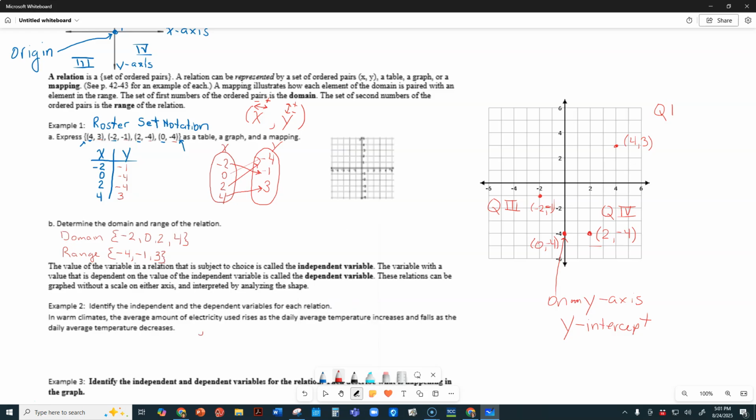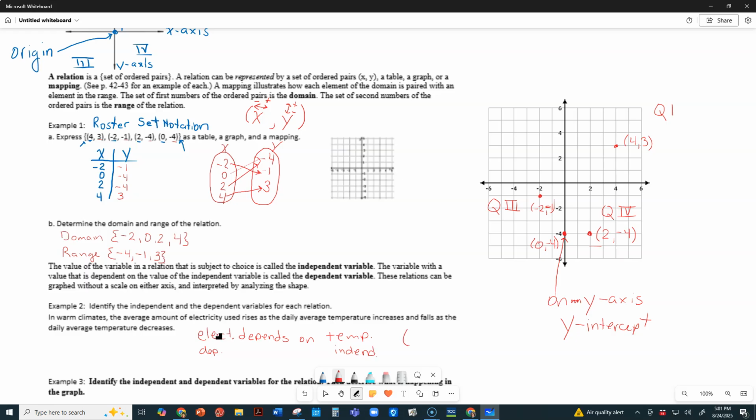that the amount of electricity depends on the temperature. That means the electricity, and I abbreviated that word, the electricity is dependent and temperature is independent.